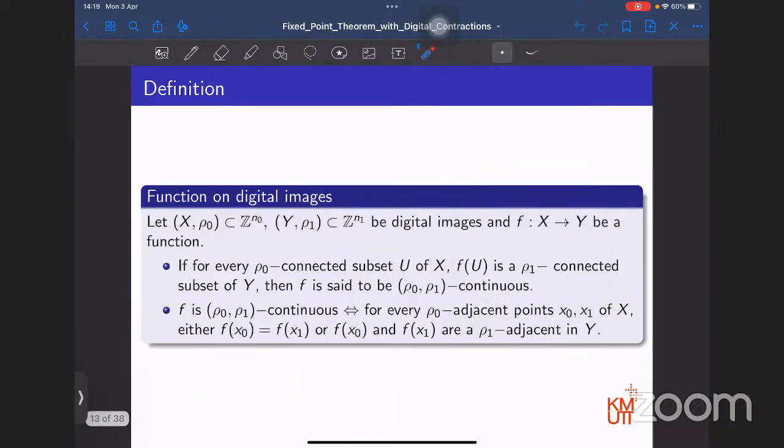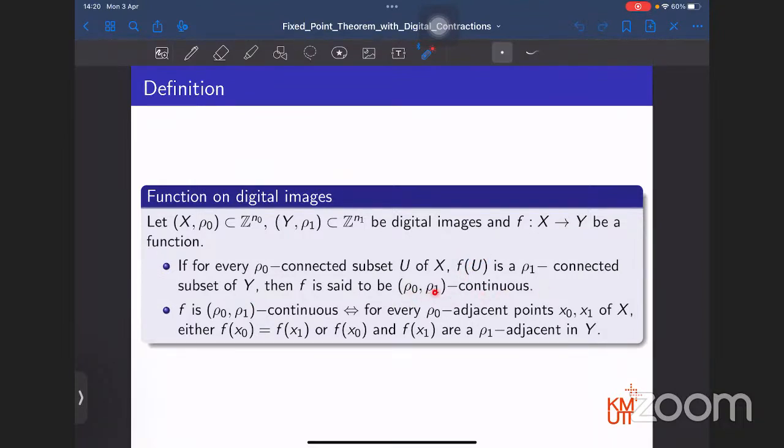A function on a digital image is continuous, as a function in another metric space, if for every low zero connected subset U of X, f(U) is a low one connected subset of Y. We will say this f is low zero and low one continuous.